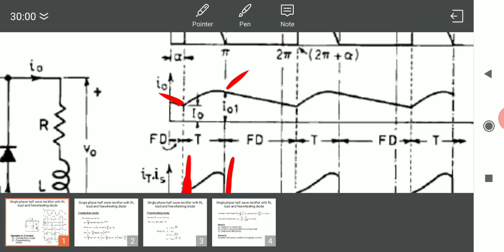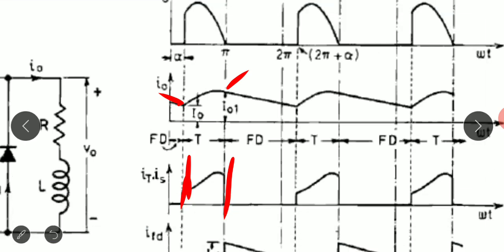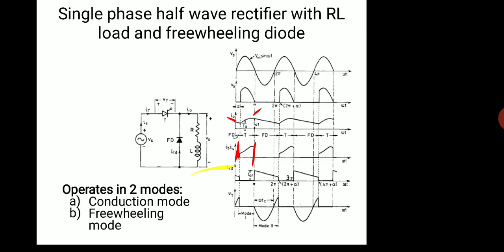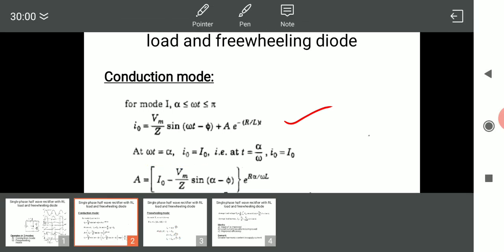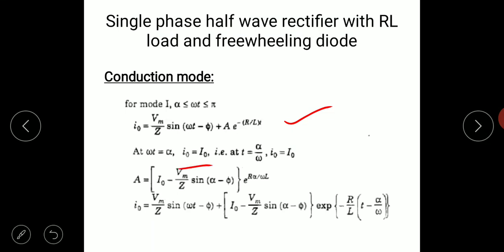So we will put this in our expression. At omega t equal to alpha, instantaneous current small I naught will be equal to capital I naught, or we can write that at t equal to alpha upon omega, small I naught will be equal to capital I naught.